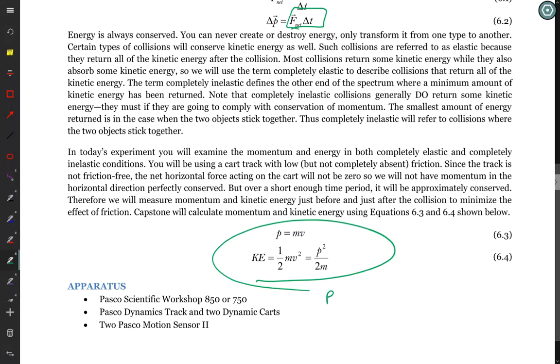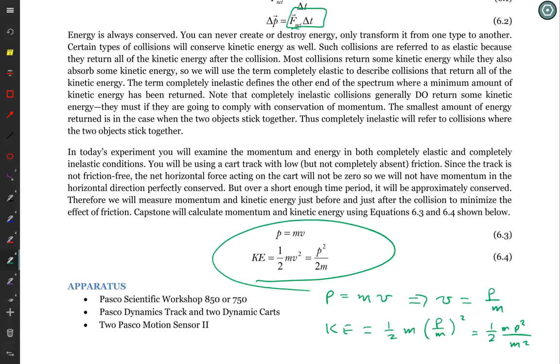Since momentum is mass times velocity, you can solve that for the velocity, momentum over mass, and so kinetic energy is 1/2 mass times momentum over mass squared, or 1/2 mass times momentum squared over mass squared. Well, you cancel one mass, and you have kinetic energy is p squared over 2m. So it's convenient to be able to relate directly momentum and kinetic energy.